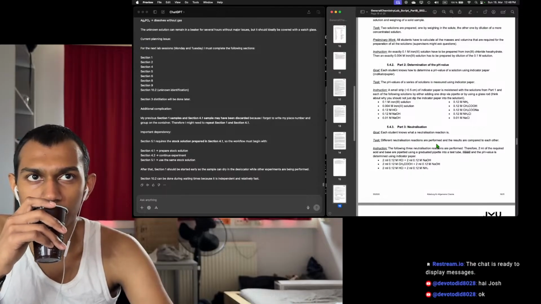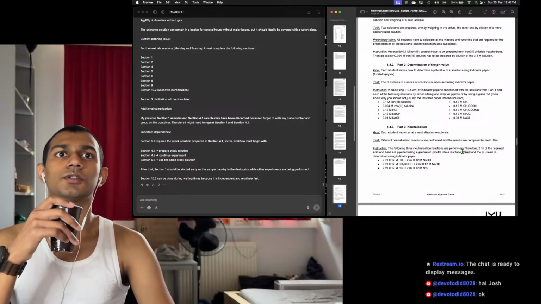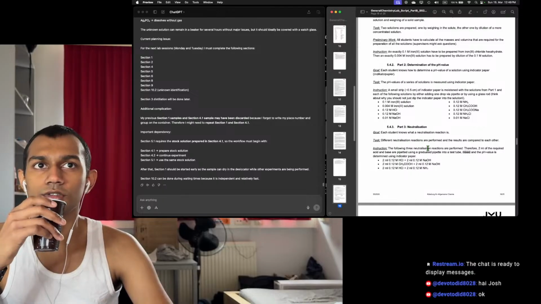Different neutralization reactions are performed and the results are compared to each other. The following 3 neutralization reactions are performed.